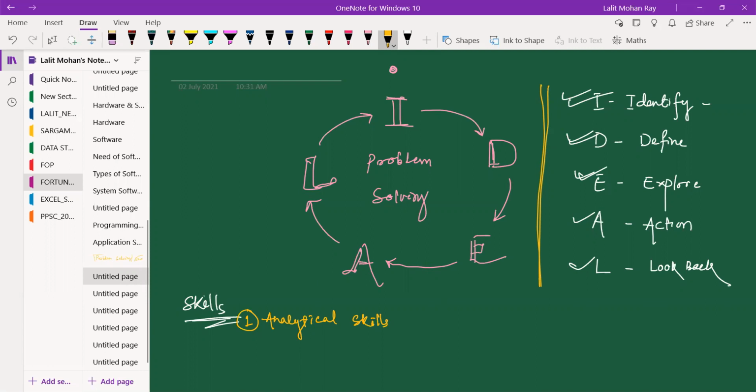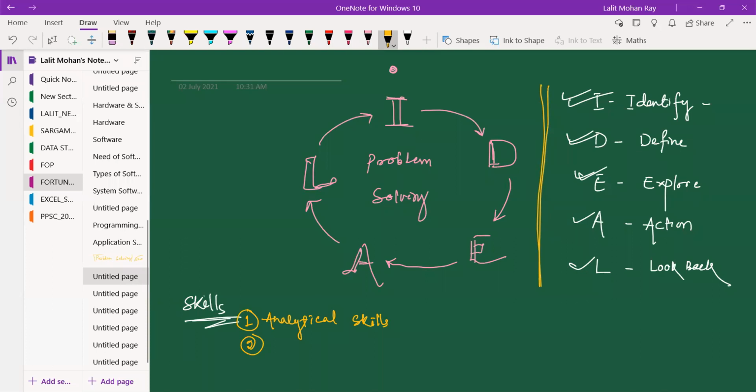All these depend upon analytical skill. This is the first one. So you have to improve your analytical skills. I'll give the notes for all these things, right?